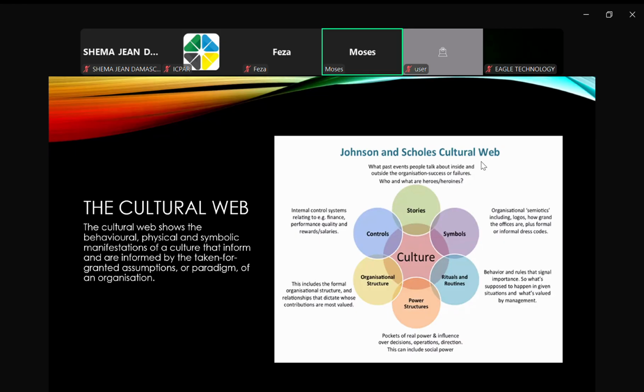The culture web is a combination of various factors that together make what we call culture. And as you can see on the diagram, those are various elements of a company's culture.